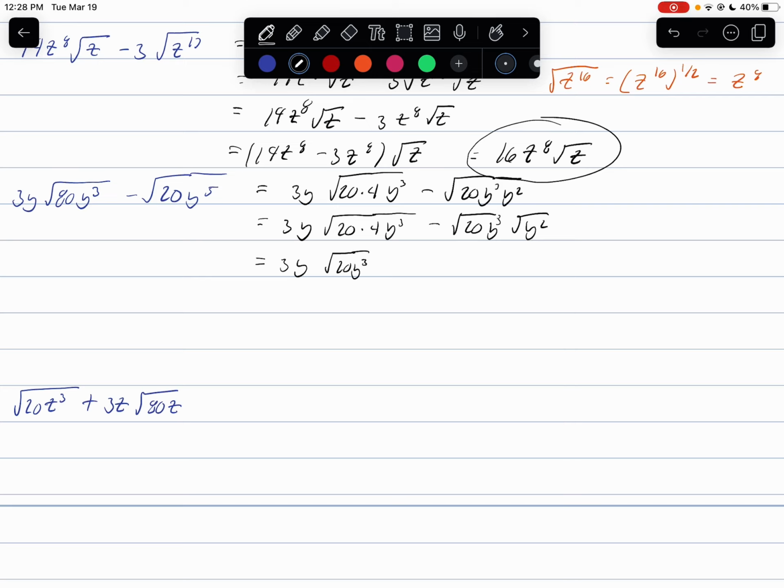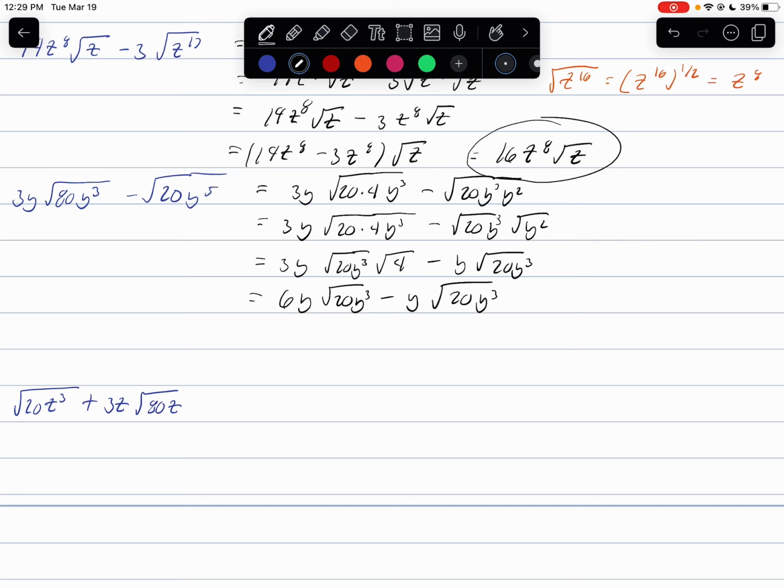Then we have the square root of 4 minus the square root of y squared is just y times the square root of 20y to the 3rd. Okay, so this becomes 3, well, the square root of 4 is just 2, so we have 3 times 2, so that's 6y times the square root of 20y to the 3rd minus y times the square root of 20y to the 3rd.